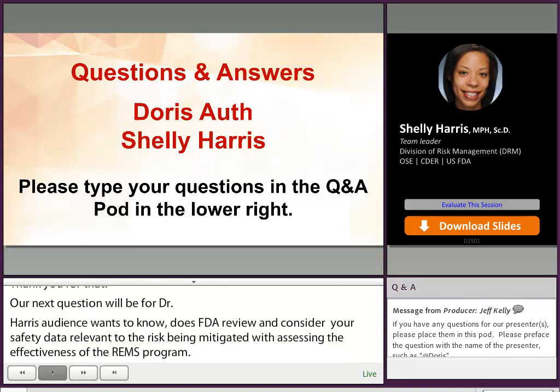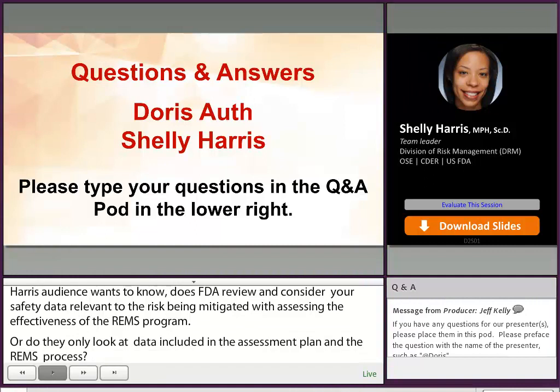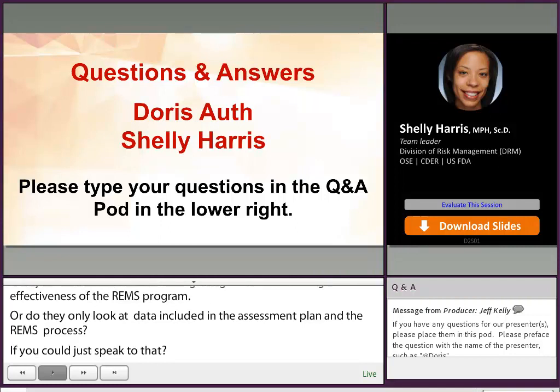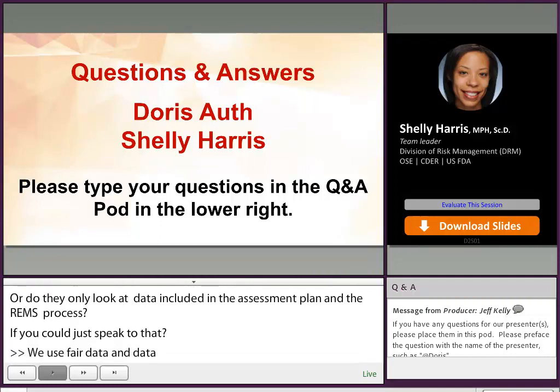You can just speak to that. Hi, we use FAERS data, and we use data that's included in the REMS assessment plan. So we want to look at each REMS as comprehensively as possible. So adverse event data from FAERS and adverse event data from the sponsor are all included when we're doing a REMS assessment.